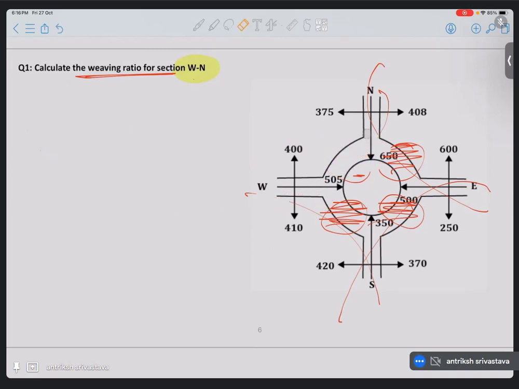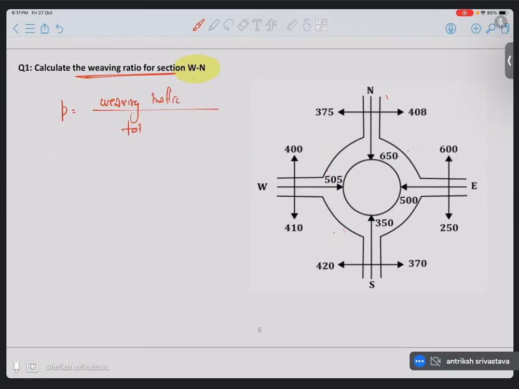Okay, and what is weaving ratio? Basically, weaving ratio is nothing but P is equal to weaving traffic divided by total traffic. So first of all, what is total traffic?